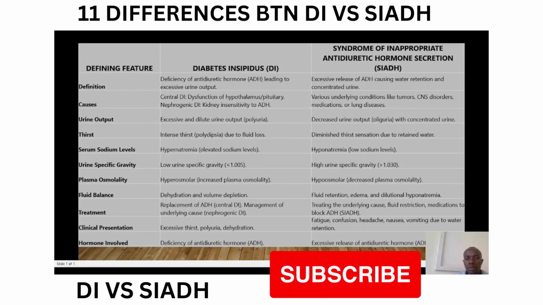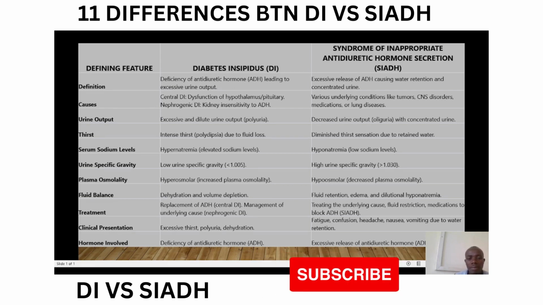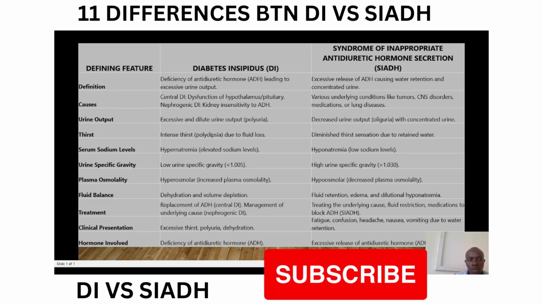Hello and welcome to the differences between diabetes insipidus, abbreviated as DI, and syndrome of inappropriate antidiuretic hormone secretion, abbreviated as SIADH. We're going to give differences in terms of definition, causes, urine output, and thirst.